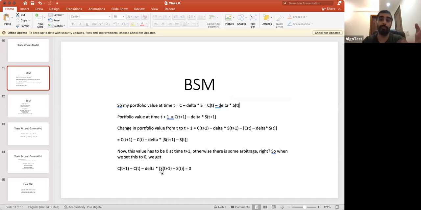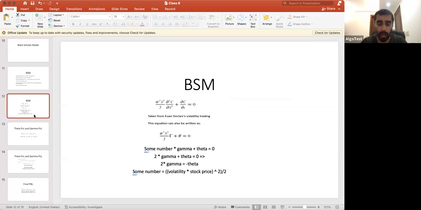You're going to have to trust me, or you can study the maths yourself. There are three mathematical concepts which take us from the change in my portfolio, if I'm buying a call and selling delta amount of shares, to this equation, where my gamma and theta are very closely related.